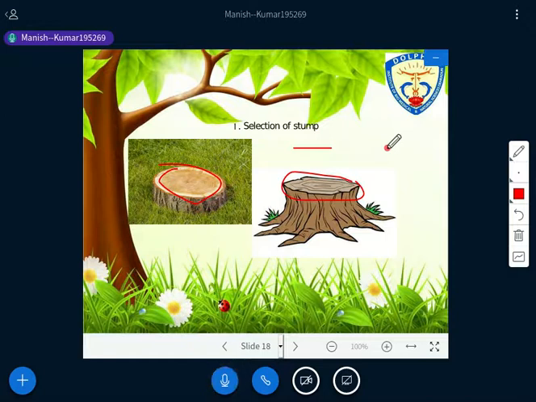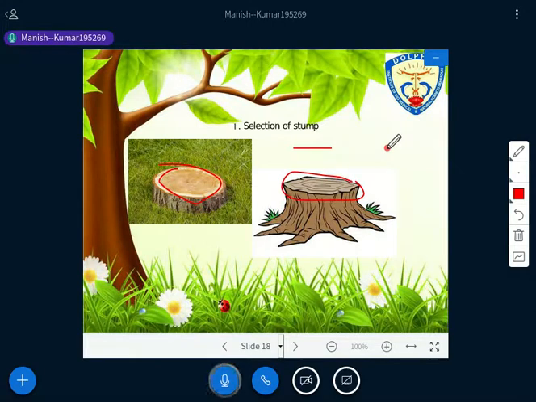So obviously, as you have understood in the stem analysis, you have to select only those trees which are free from any kind of abnormalities, any kind of defect or decay, right? And it should also be properly mixed with the crop.